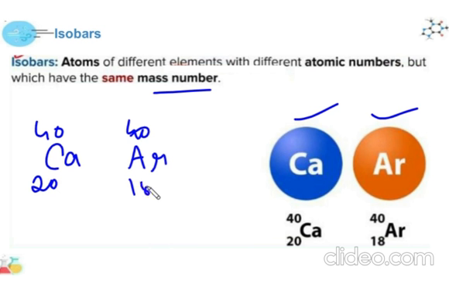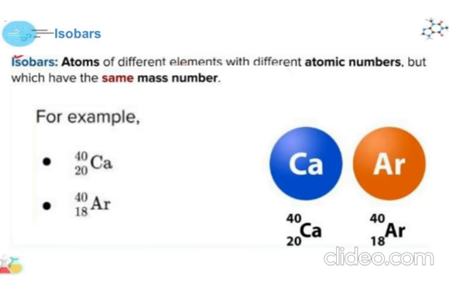So I'm taking different elements with different atomic numbers, but if the mass numbers are the same, they are known as isobars, for example calcium and argon.